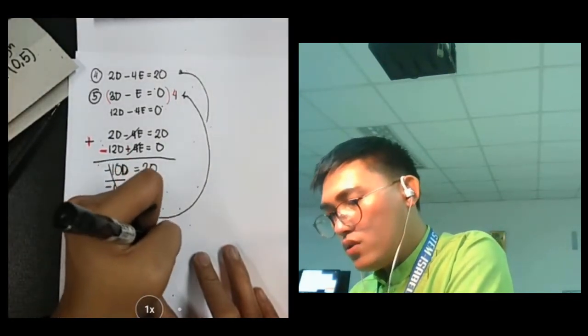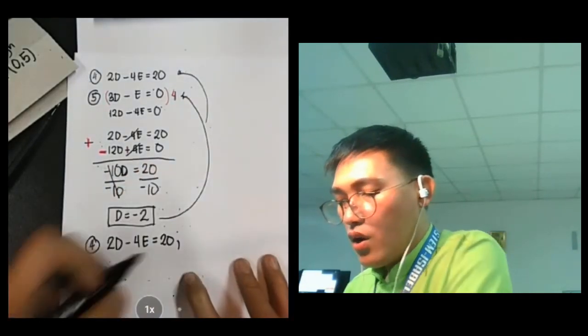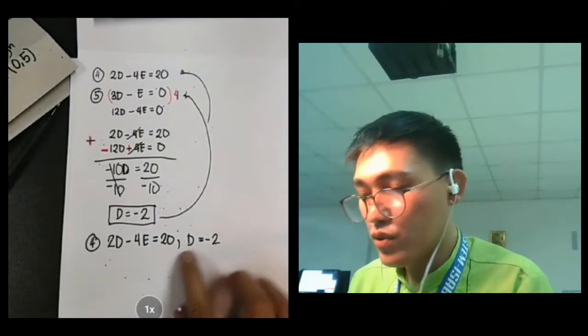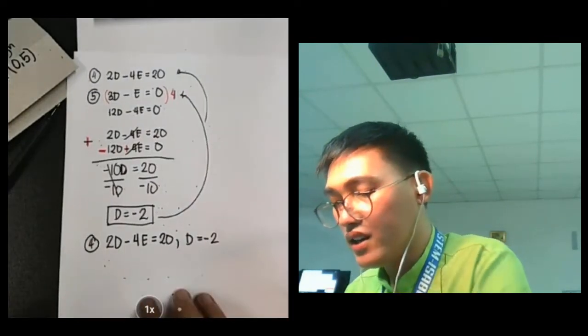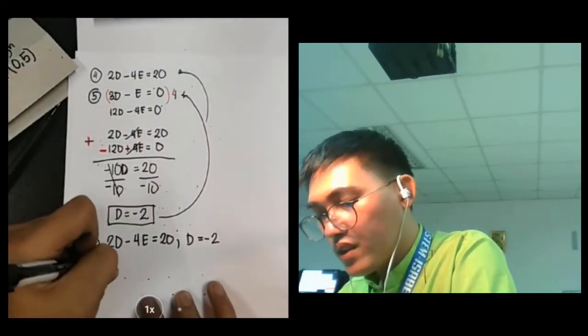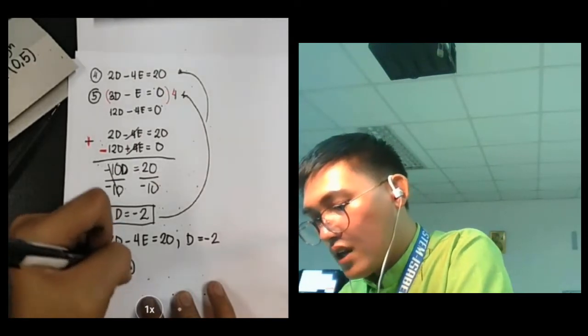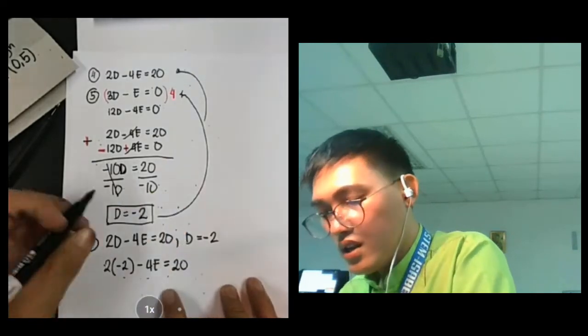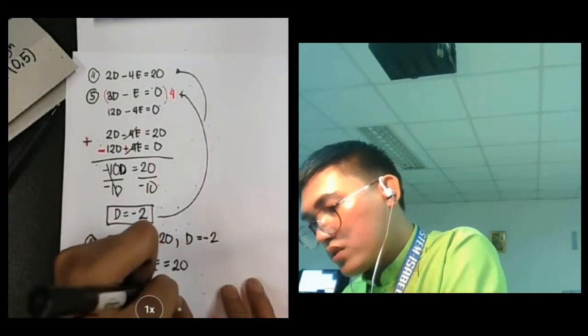That is 2 times negative 2 minus 4e is equal to 20. Negative 4 minus 4e is equal to 20. Then negative 4e is equal to 20 plus 4 to solve for letter e.